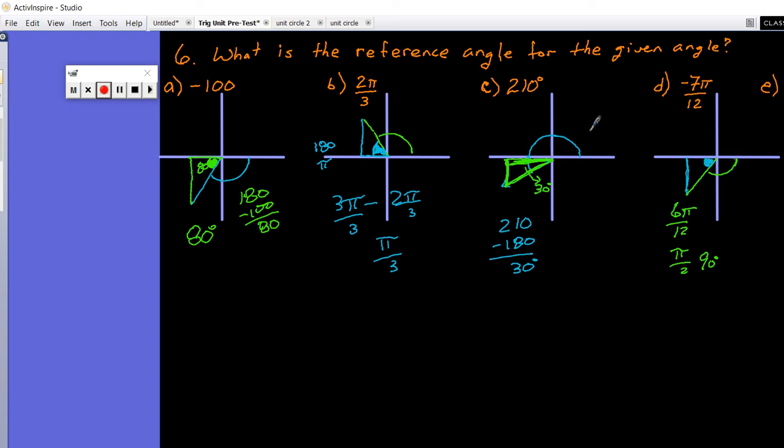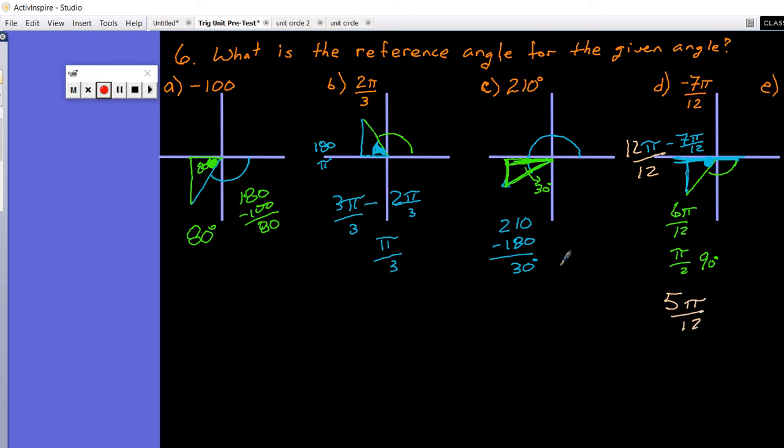Since a straight line is 180 degrees, which is the same as pi, I'm going to subtract the 7 pi twelfths off of it to figure out what this piece is. So get common denominators: 12 and 12. 12 minus 7 is 5 pi twelfths.